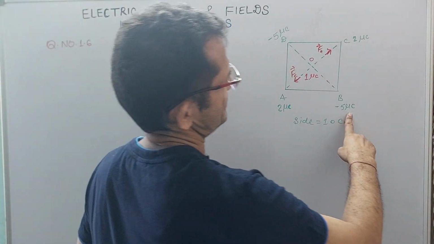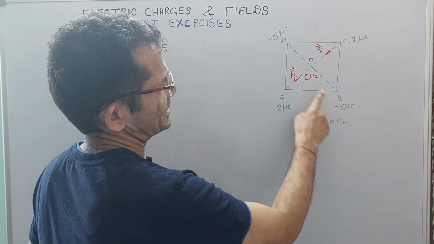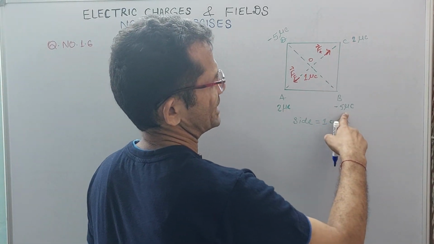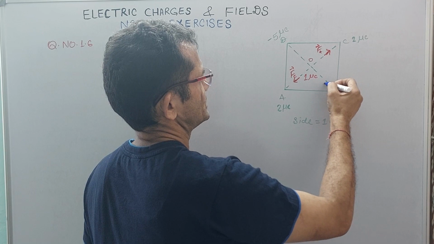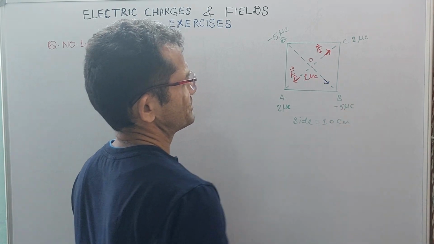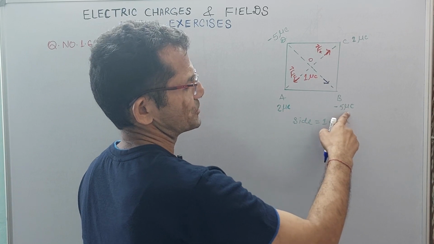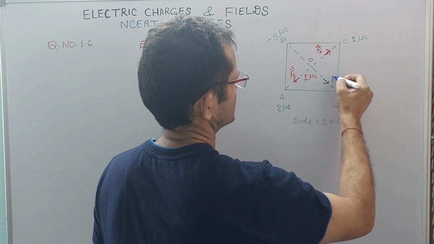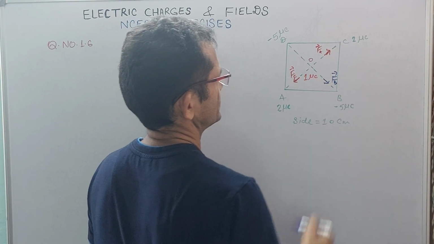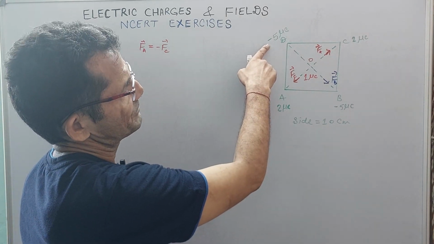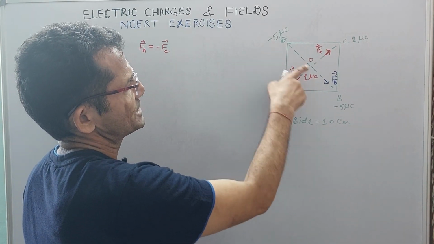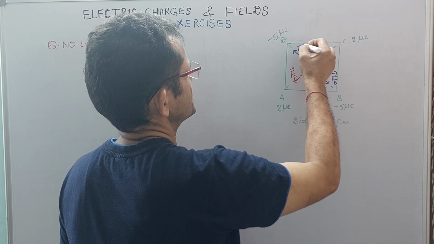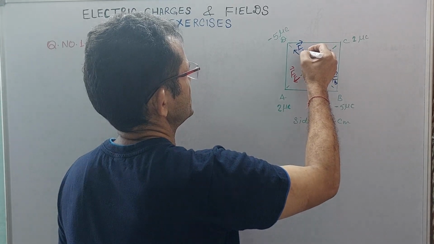Now similarly, this is a minus 5 microcoulomb, this is positive, and they are of opposite sign. Therefore minus 5 microcoulomb will attract along this one. So this is the direction of attraction. We represent it as the force due to the charge placed at the point A. Therefore we represent it vector FB. Similarly, this is a negative charge, this is a positive charge. This negative charge will attract along this one. So it is the force due to the charge placed at the point D. That's why FD.